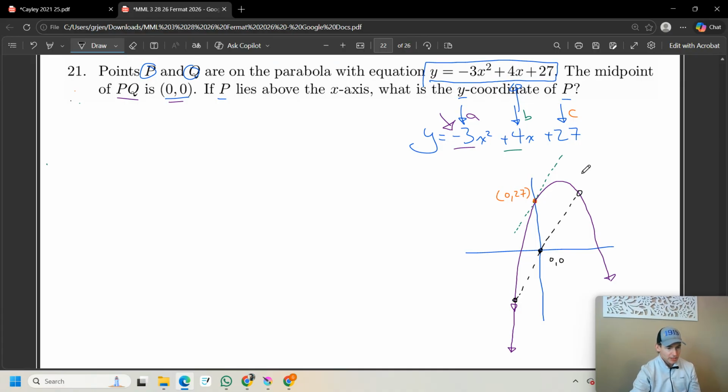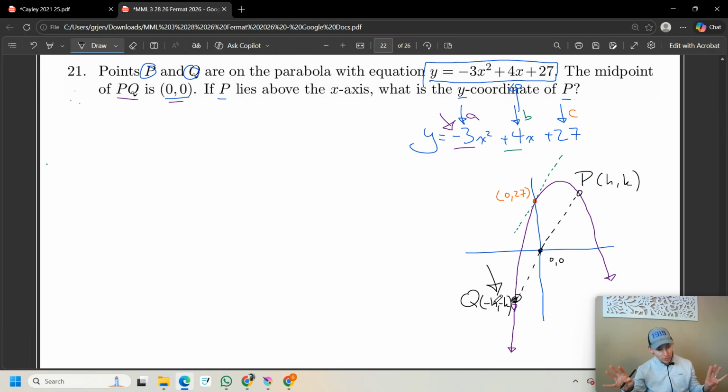P is above the x-axis, so that's P. Let's call it H, K. If this is the midpoint and they're collinear, then Q must be negative H, negative K. That's really the twist in this question. We have to recognize that the point up there has the same coordinates as the one down there, just with the signs flipped. That will create a straight line that goes through 0, 0, that has a constant gradient, and that has the same distance on both sides.